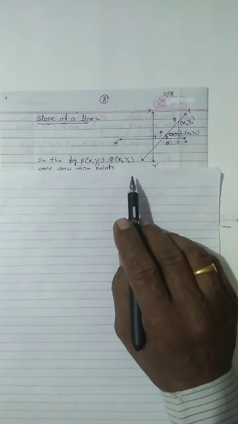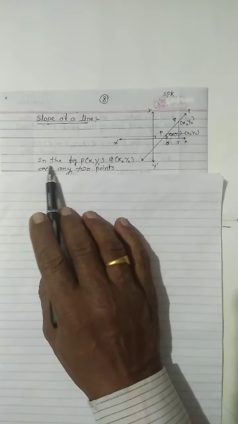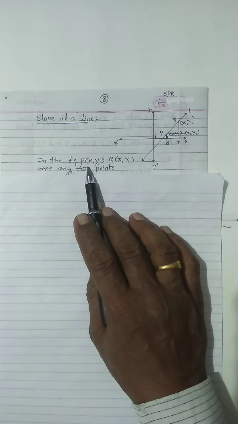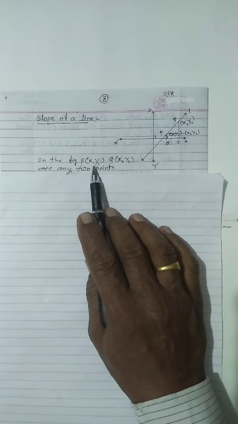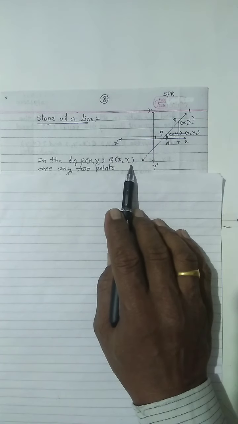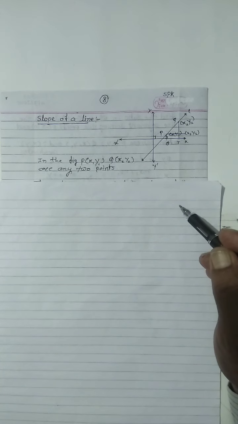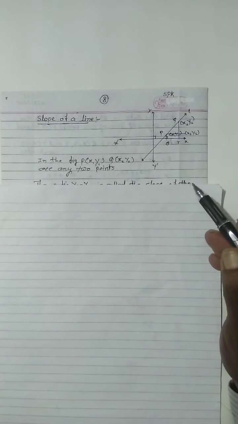Now on this line two points are given and the coordinates of the points are also given in the figure: P with coordinates x1, y1 and Q with coordinates x2, y2. These two points are any two points lying on the line L.